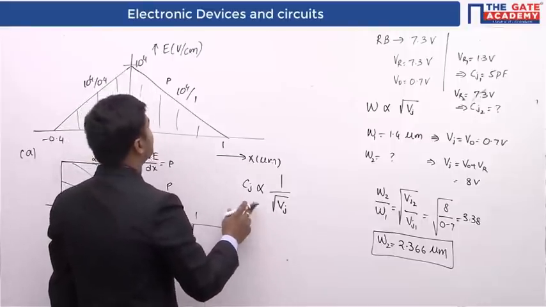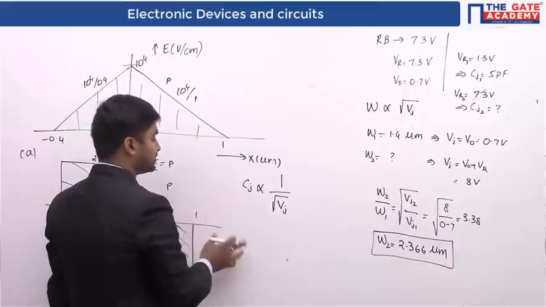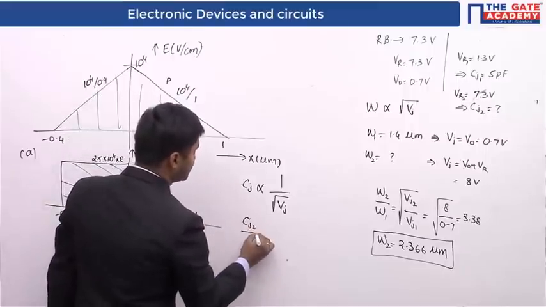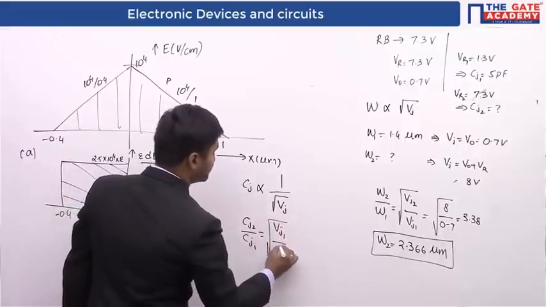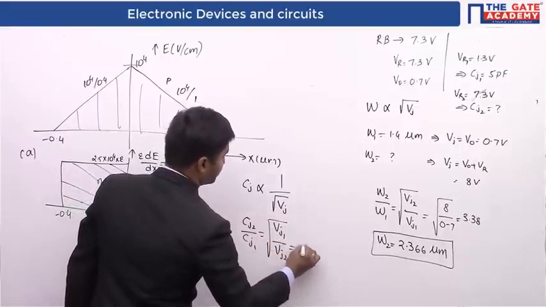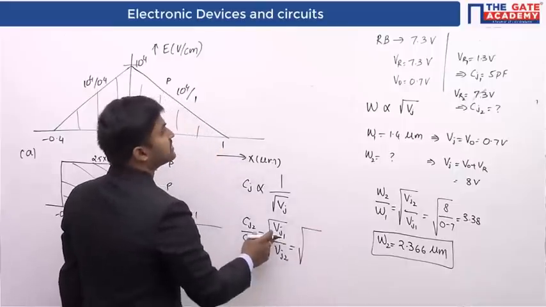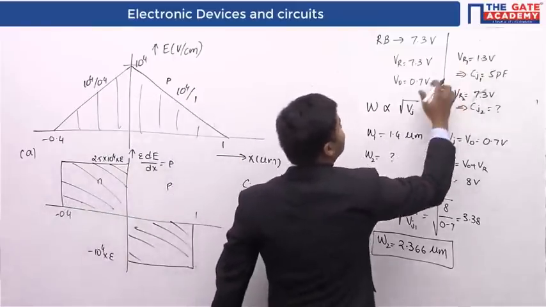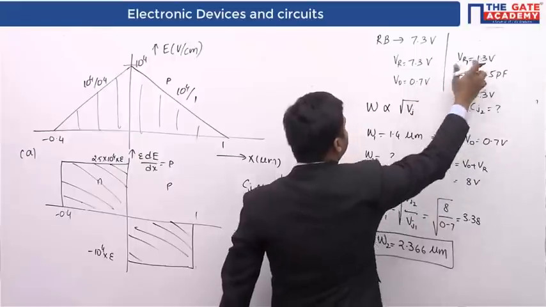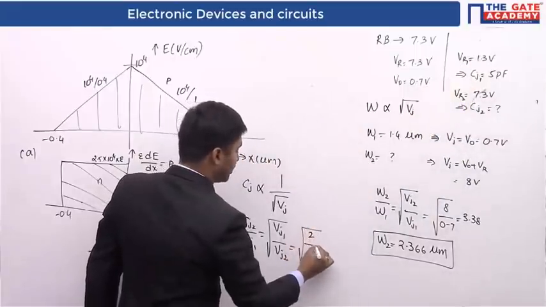Because in both the cases we are using the same doping levels, Cj2 by Cj1 is going to be the square root of Vj1 by Vj2. What is the value of Vj1? Vj1 is going to be 1.3 plus 0.7, which is 2, and here it is 8.